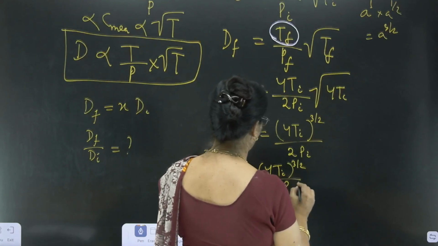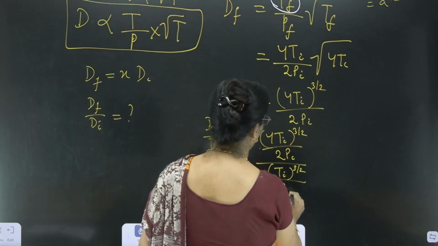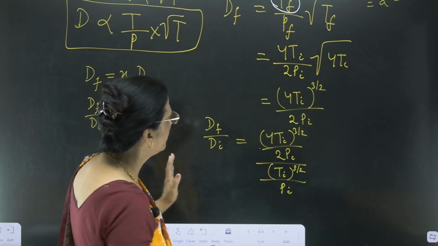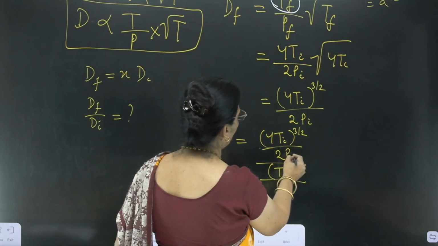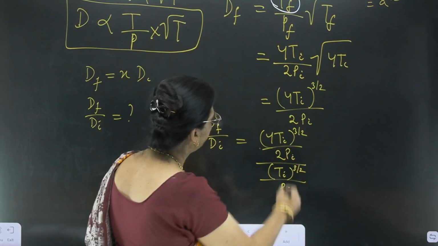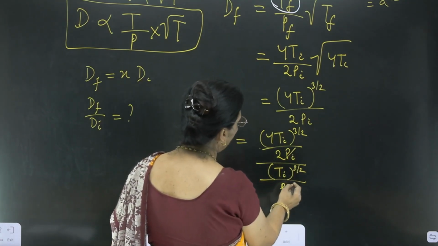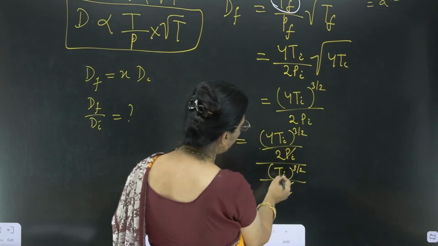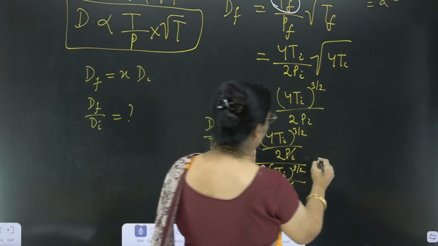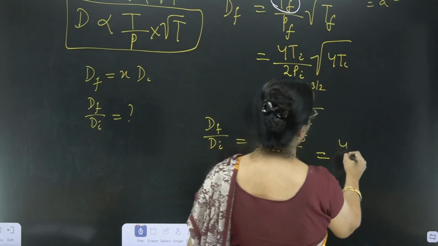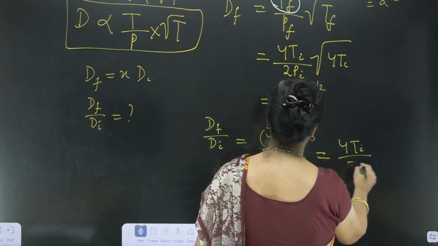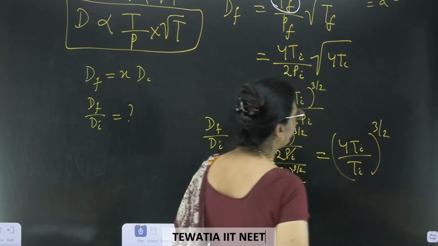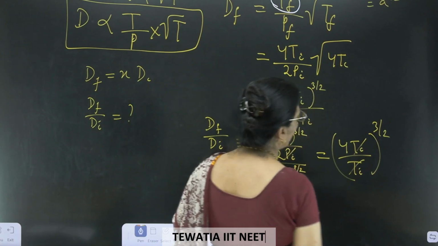So Df upon Di is equal to this much. Now you check, Pi we can cancel. Ti to the power 3 by 2 is also common, so we can write 4 Ti to the power 3 by 2 divided by Ti to the power 3 by 2, and Ti cancels out.